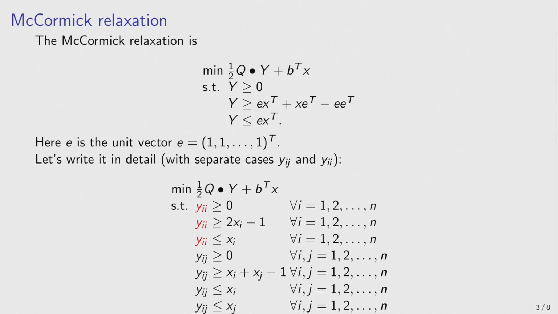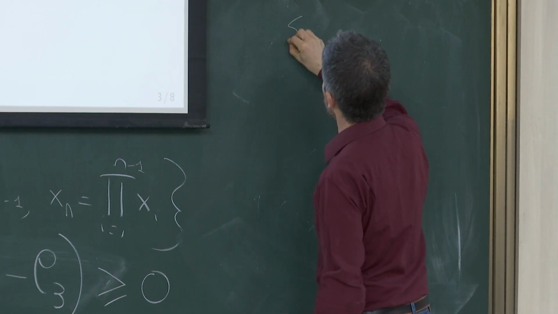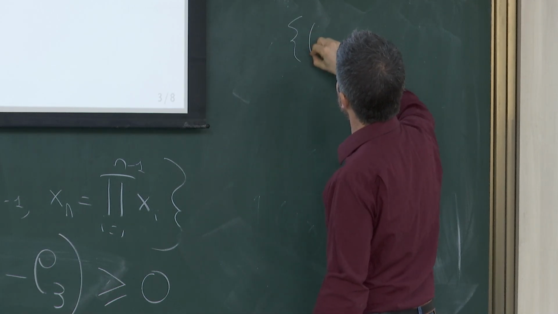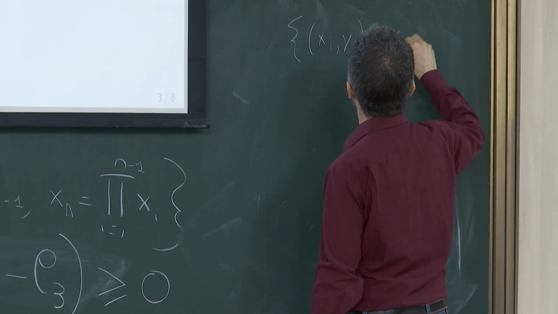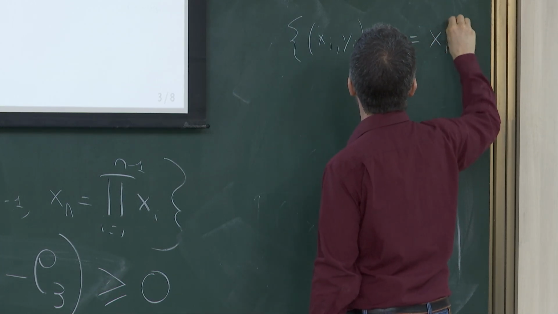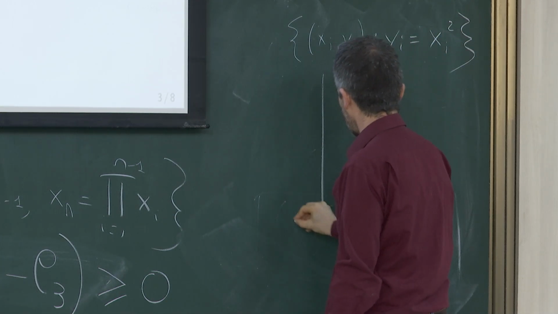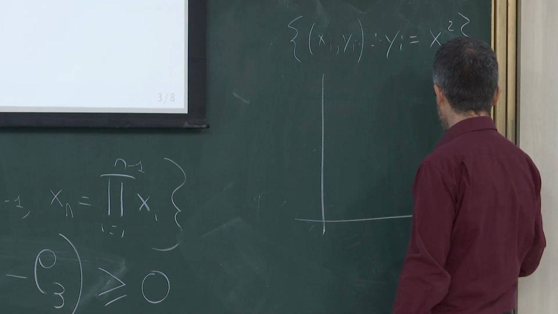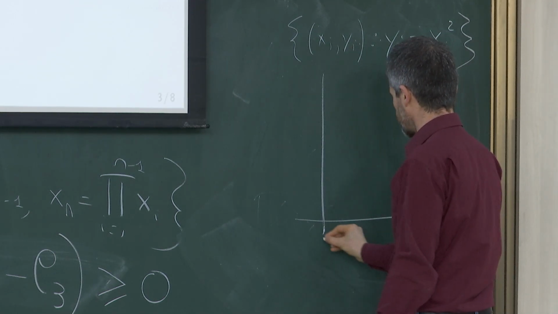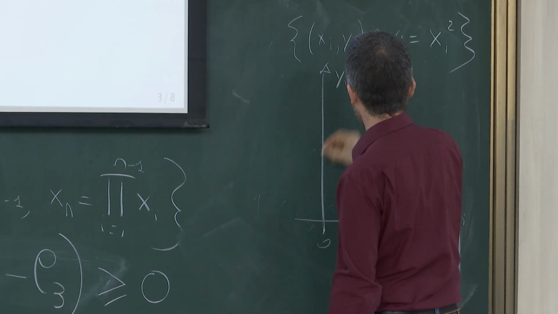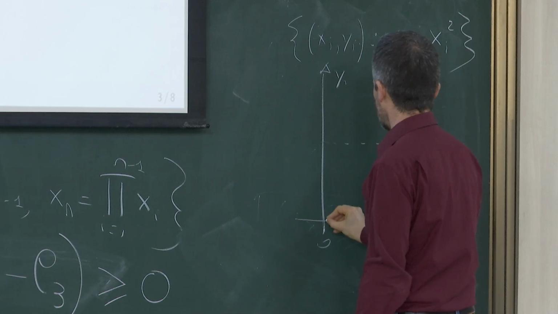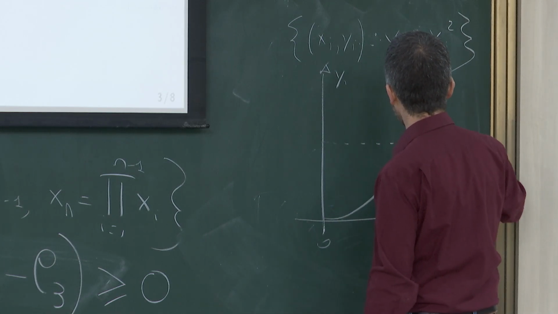And you can easily see that they are not exactly the tightest possible description of the set of xi, yi such that yi equals xi squared, because obviously if xi is between 0 and 1, and so yi is also between 0 and 1, then this is more or less what it's going to look like.